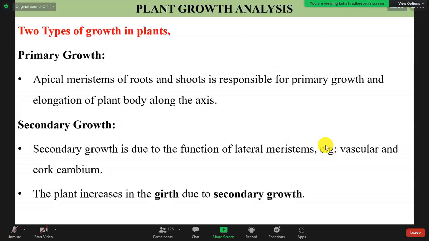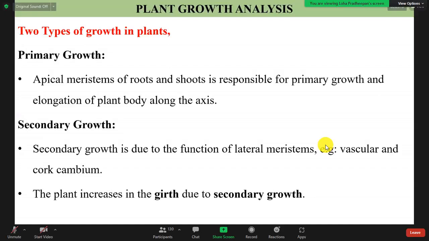In plants, we can see two types of growth: primary growth and secondary growth. Primary growth means the apical meristems of the roots and shoot tips are responsible for the elongation of the plant body along the axis.